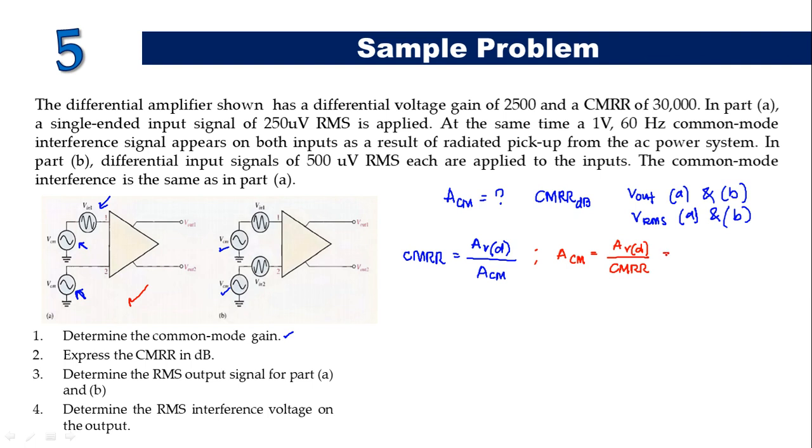So, para makuha natin yan, yung ating differential voltage gain, sabi meron daw tayong 2,500 divided by 30,000 ng ating CMRR. Therefore, yung ating gain is now equal to 0.083. Di ba? Nasagutan na natin.